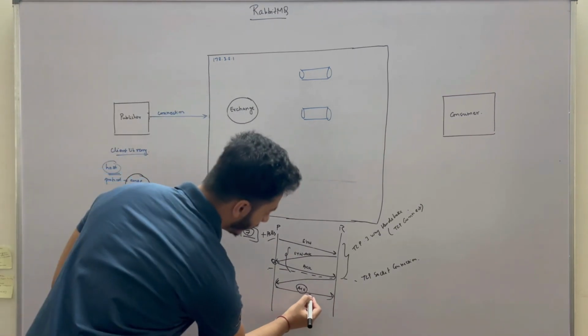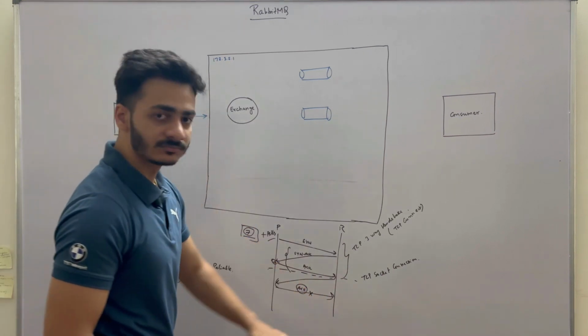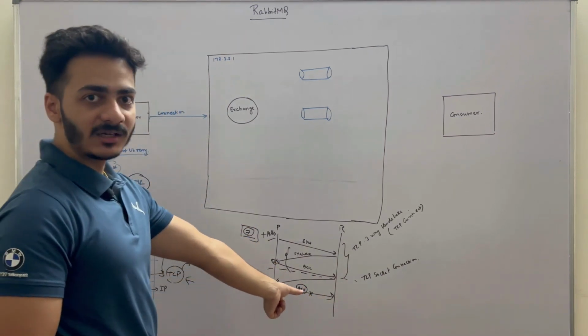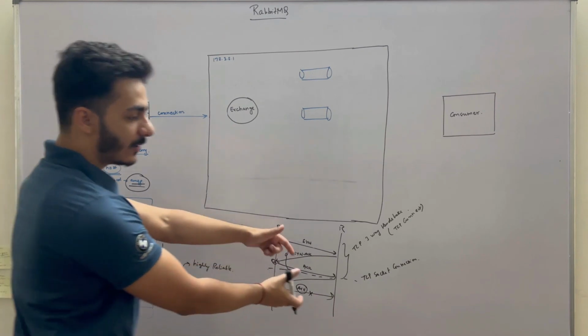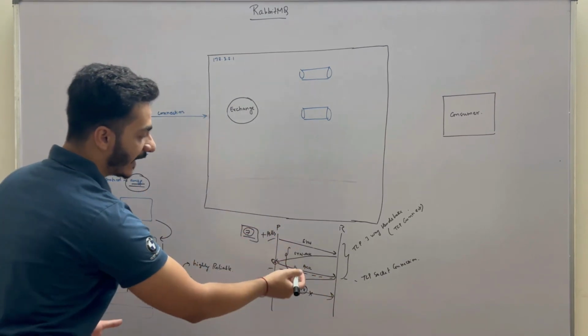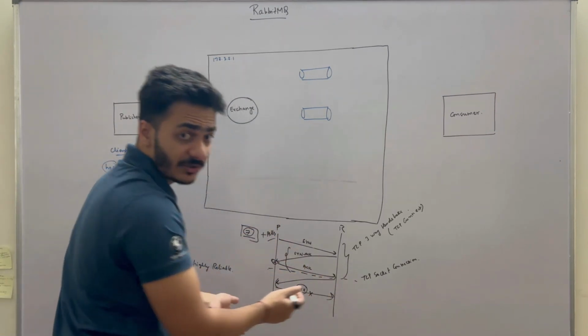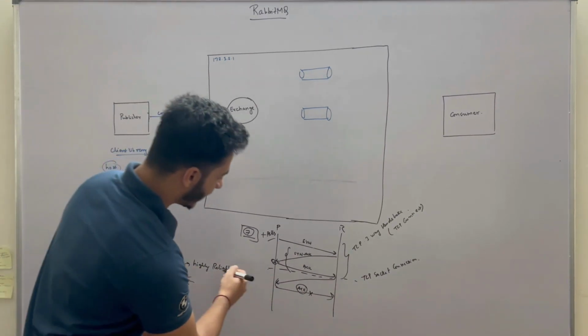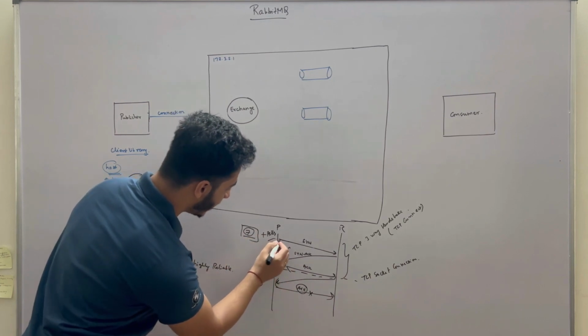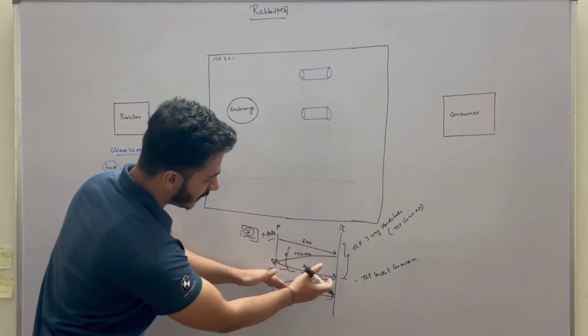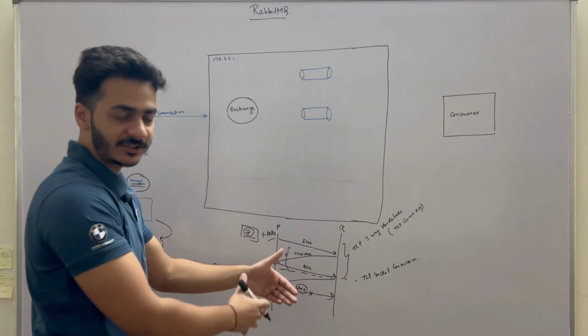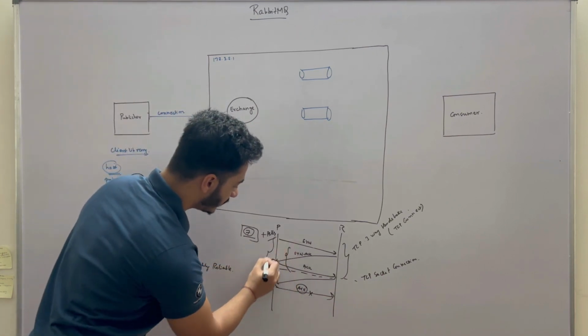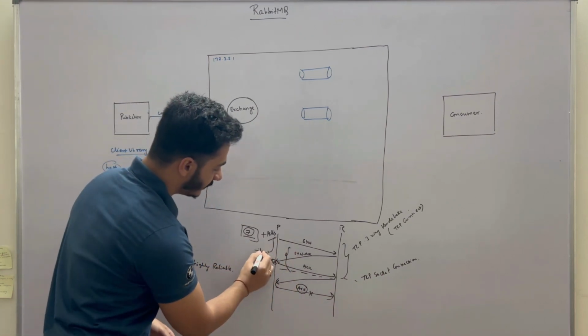In case this acknowledgement is not received, because of some packet loss, or the server is down or anything, then it will try to send the packet again. So it will ensure reliability. But still it's possible that the connection is broken. Suppose it made a connection and now these 2 servers are communicating with each other, and now this TCP connection is broken.